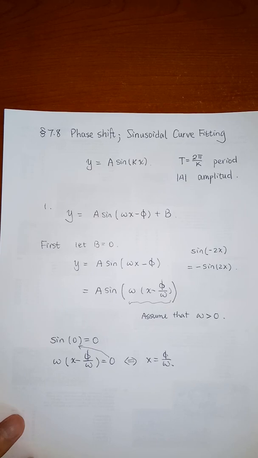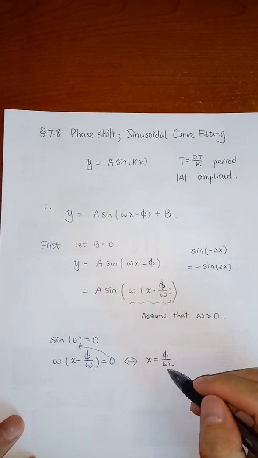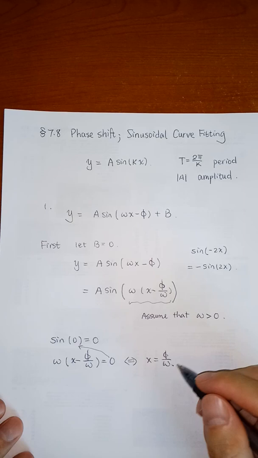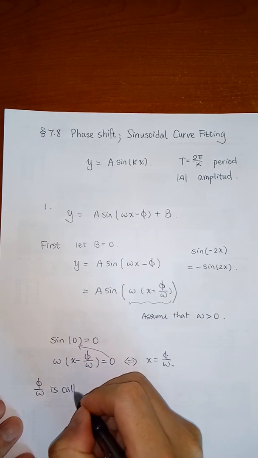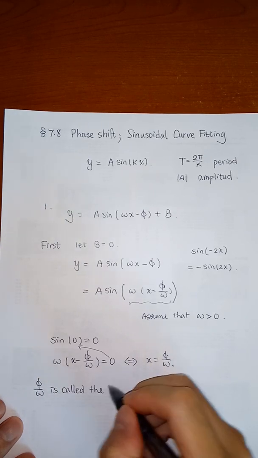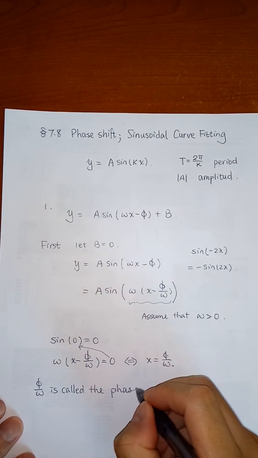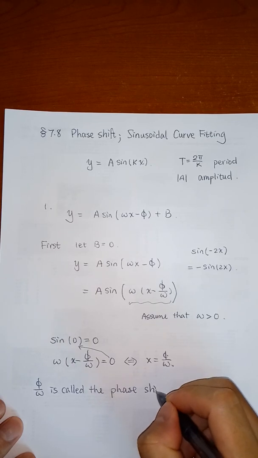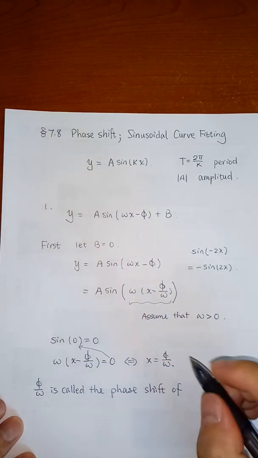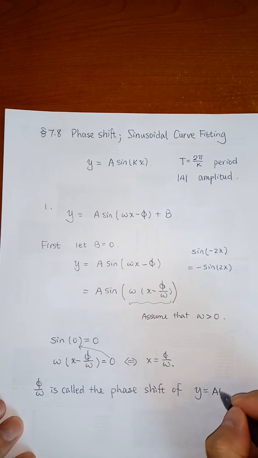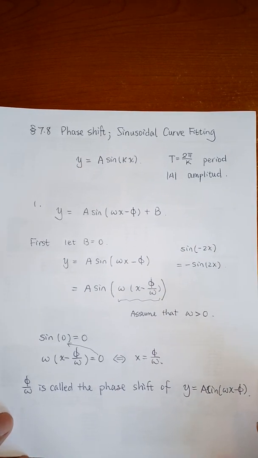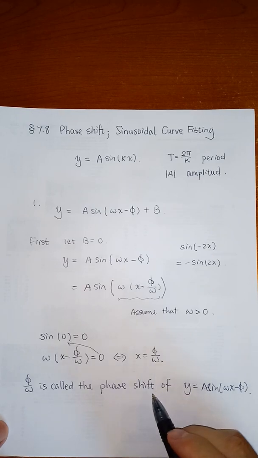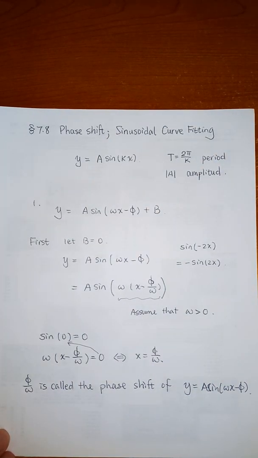Okay, so this phi over omega is called the phase shift of the function y is equal to a sine omega x minus phi.